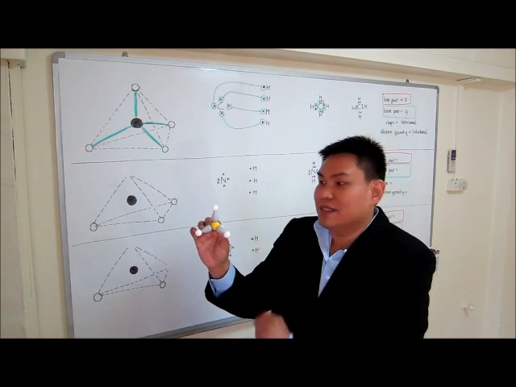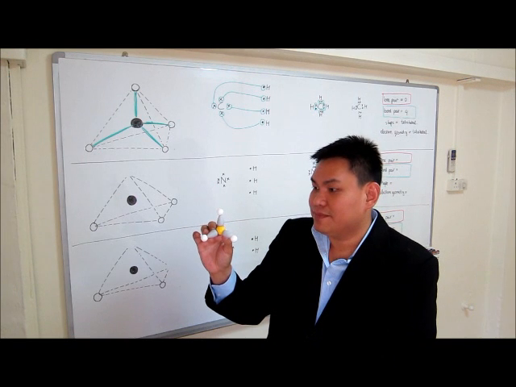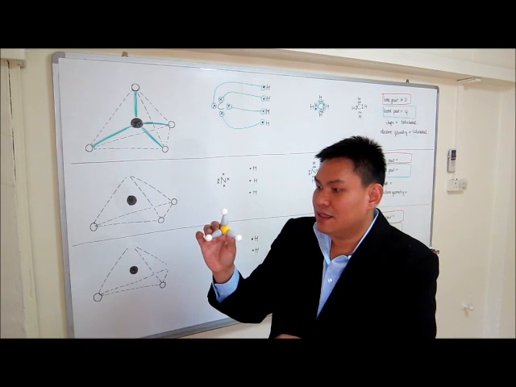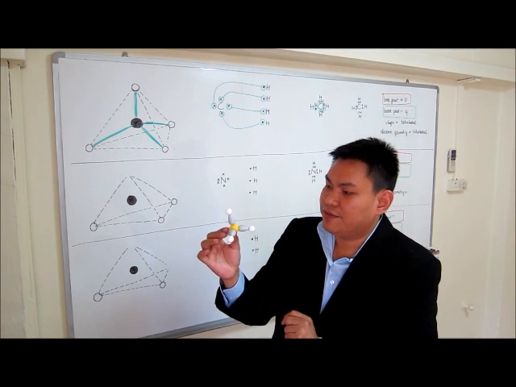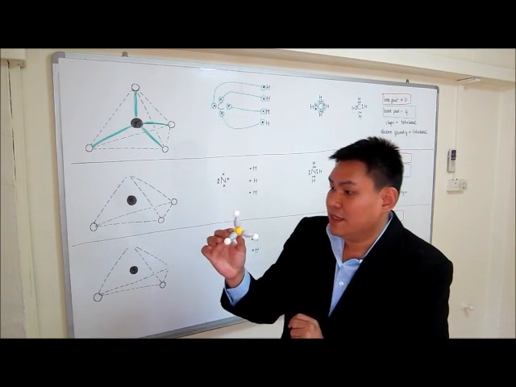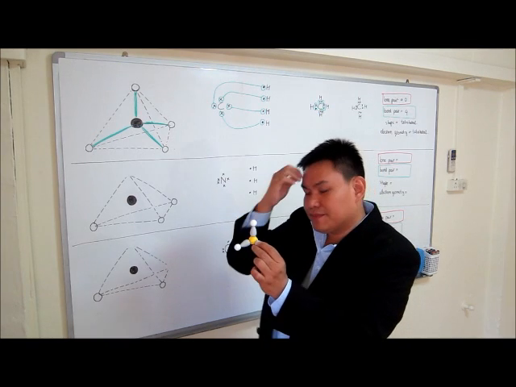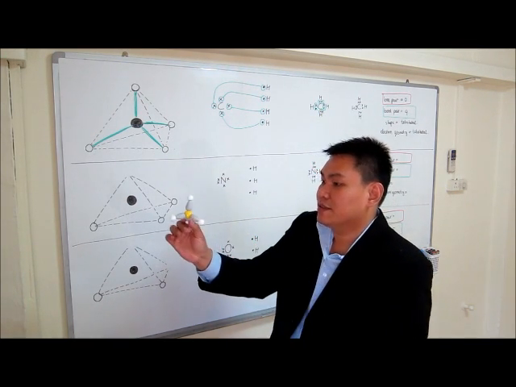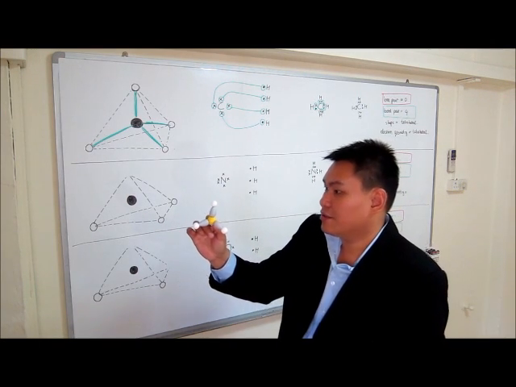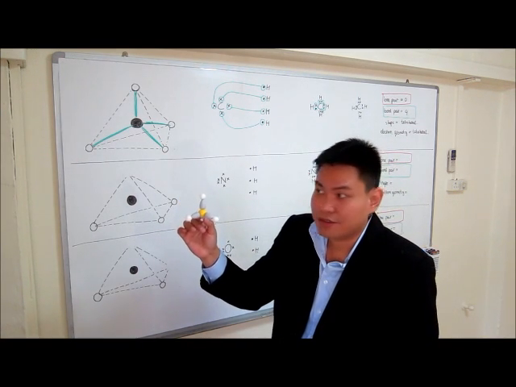The yellow one is the carbon atom. These white spheres are hydrogen, and they are connected with a bond pair each. So you have 4 bond pairs and 0 lone pairs, and the shape will be tetrahedral.